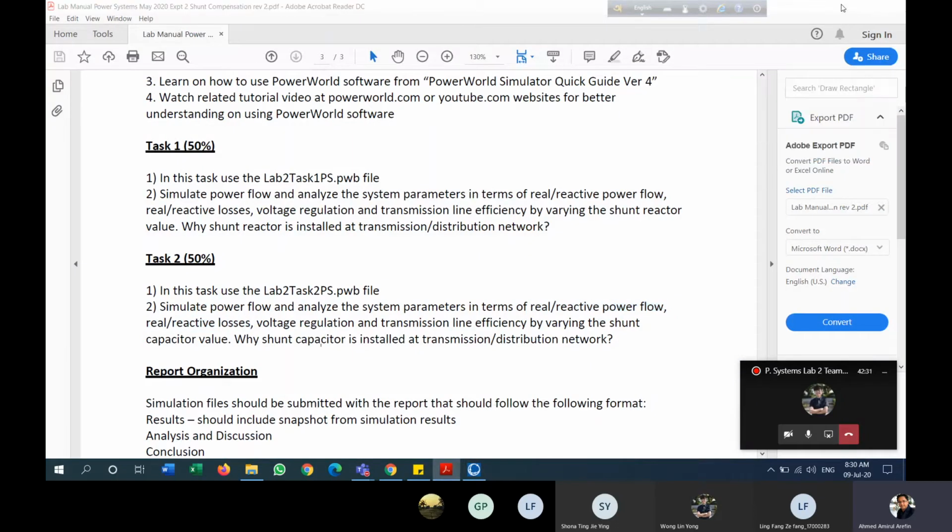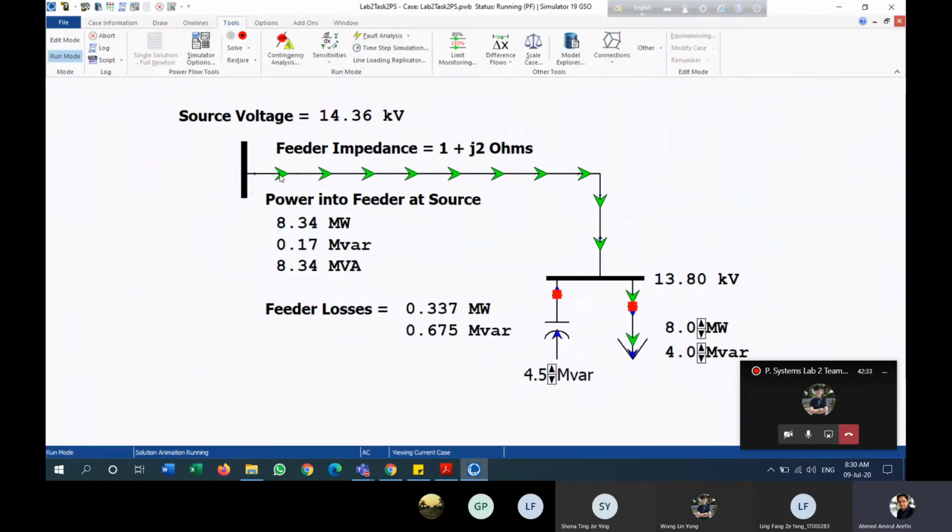And the voltage regulation, very similar to the previous one, where you need to use the formula differently. What you need to do is make this initial stage 0. This is the initial stage. You need to make a voltage regulation formula here.